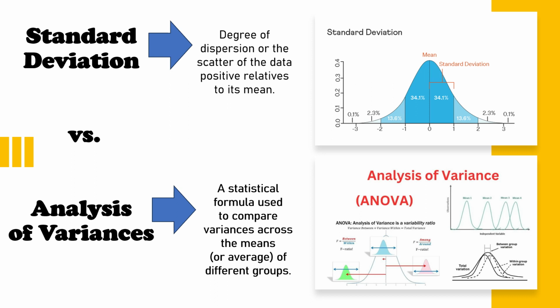Standard deviation is actually one of the ways to find out the different measures in central tendency. As you can see on the illustration, standard deviation is close to the mean as compared to analysis of variances. This is a statistical formula used to compare variances across the means or average of different groups.